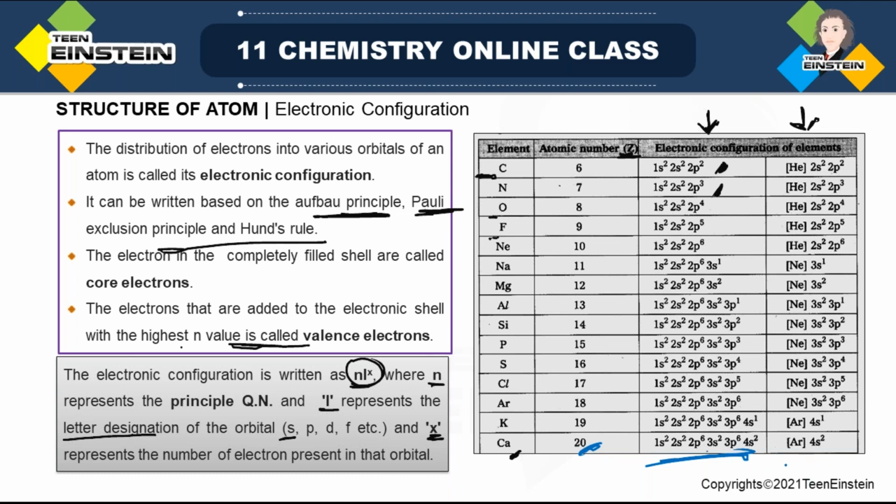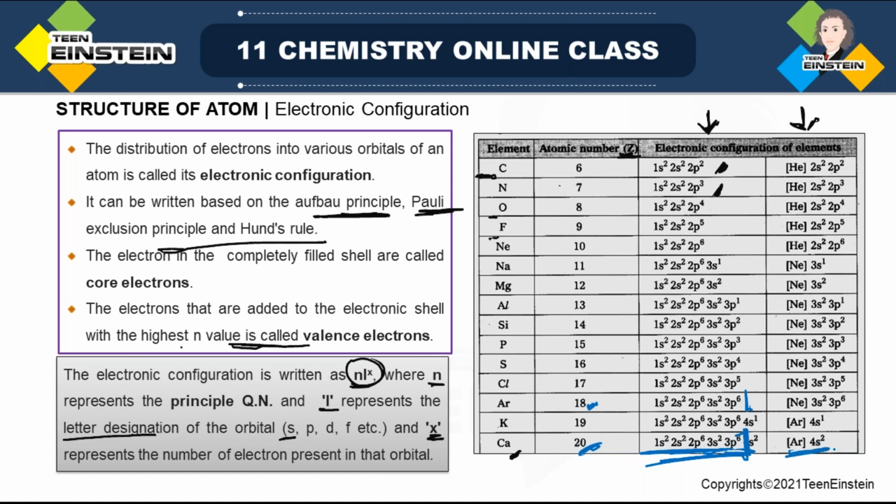So it is better to just choose the previous noble gas configuration. Just before calcium, what is the previous noble gas? It is basically argon. And for argon, up to this configuration, it is the full configuration of argon. That means up to 3p6, you can write as if it is argon.